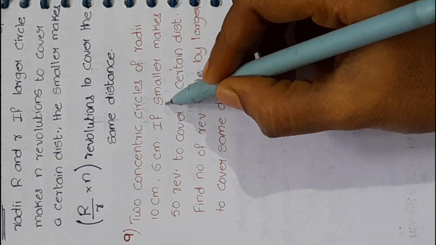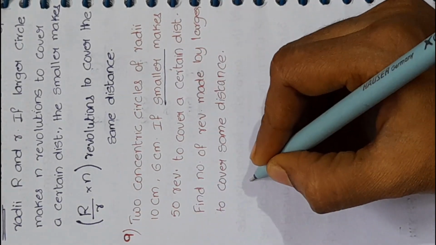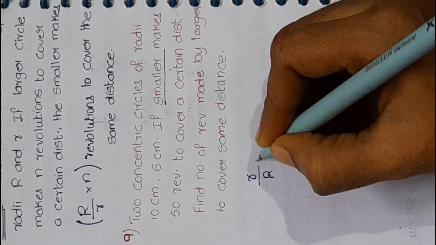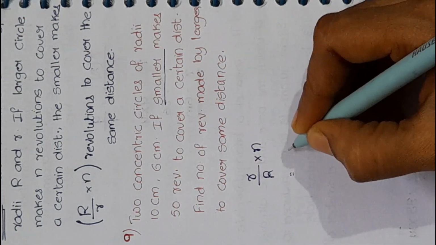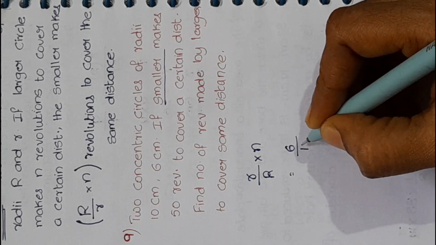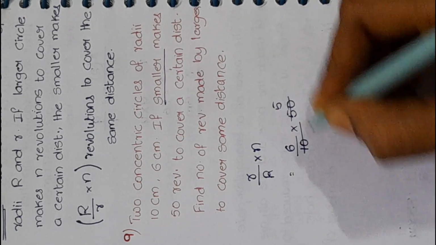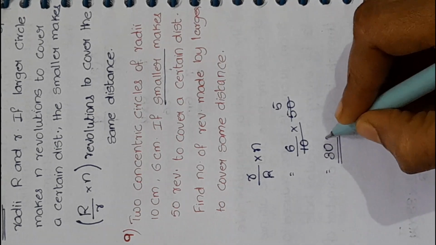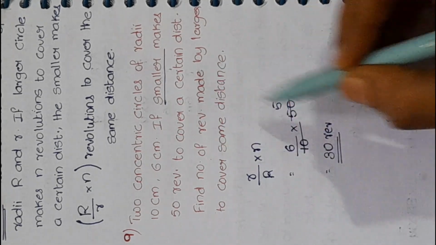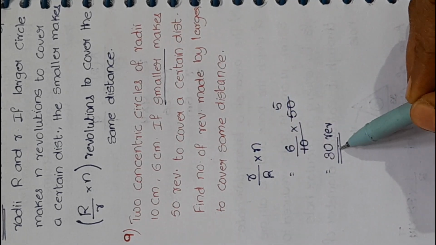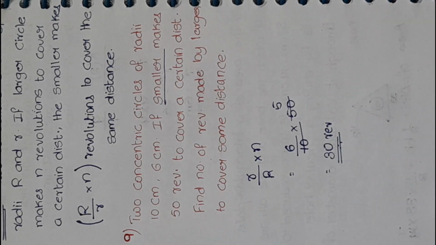In this question, the smaller makes 50 revolutions. So the formula is small r by capital R into n, which is equal to 6 by 10 into 50. So 30 revolutions. The number of revolutions made by the larger circle to cover the same distance is 30 revolutions.